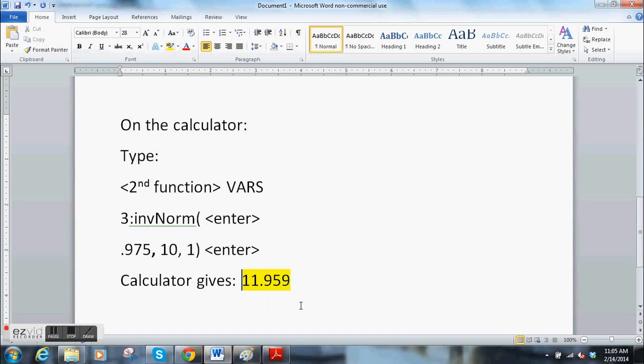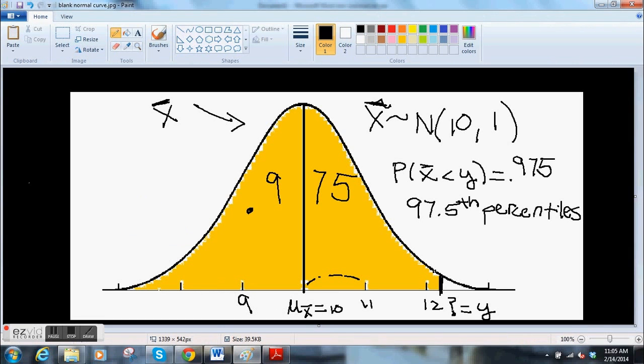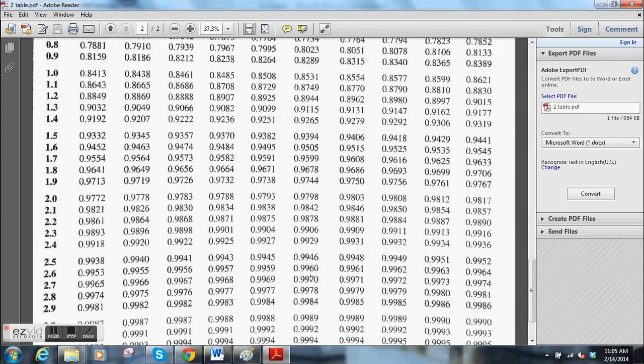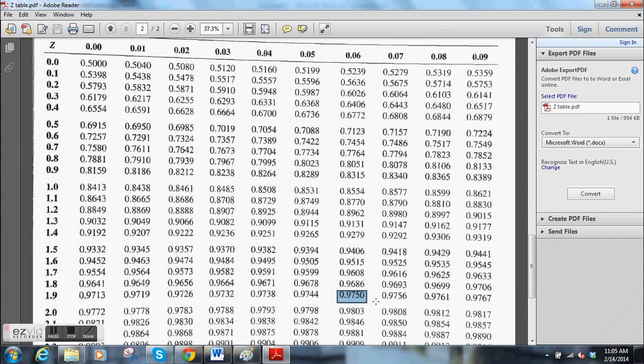If you're doing this on the z-table, what you'll have to do is look inside the probabilities for 0.975. Do you see it right there? It's inside the probabilities. Then you go backwards to 1.9, and you go up 6. That's 1.96.